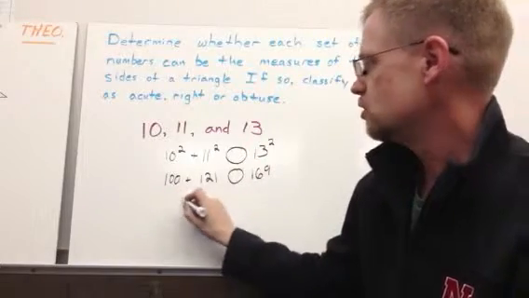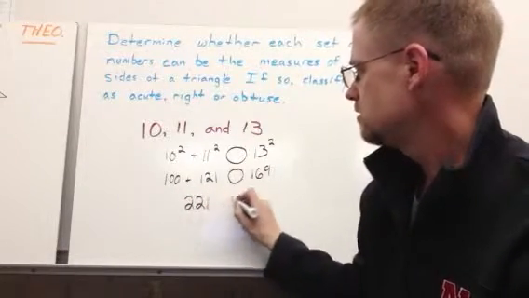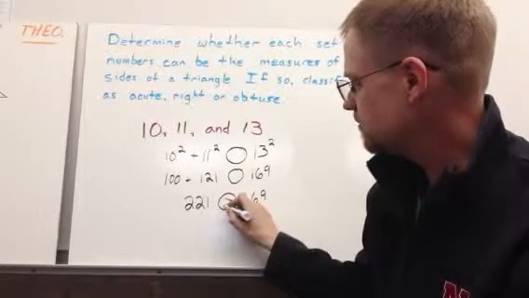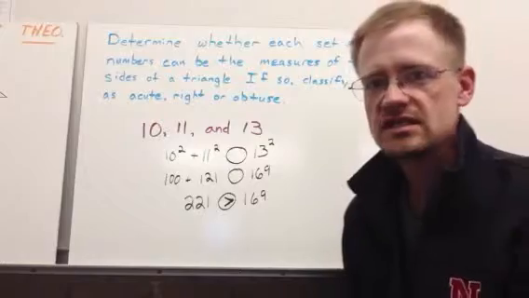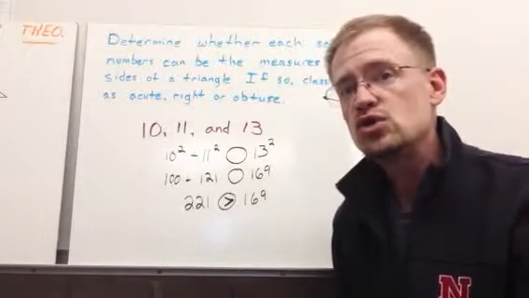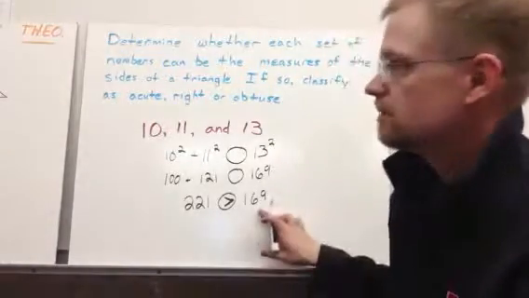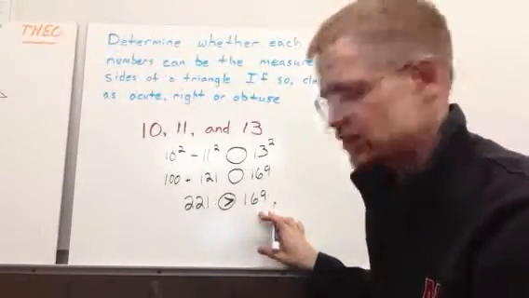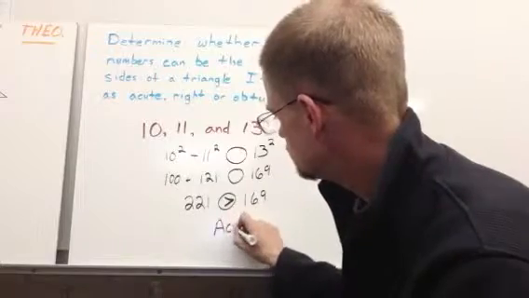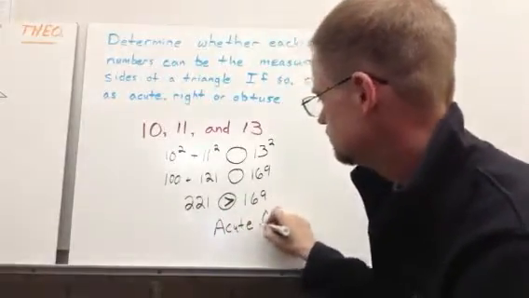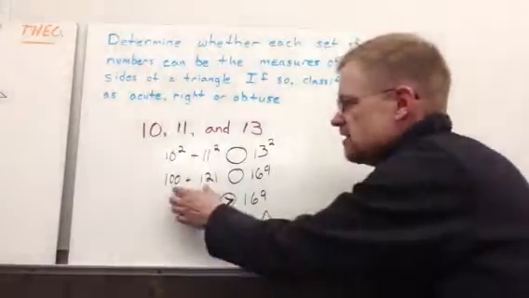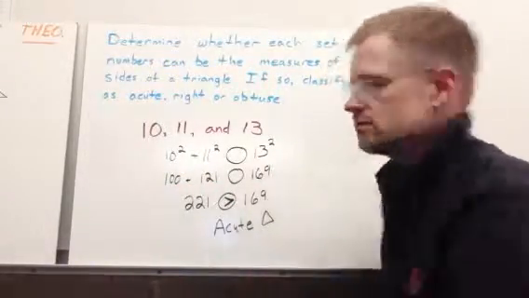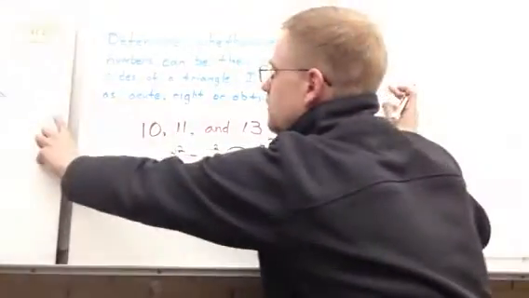So 100 plus 121 is 221. Compared to 169, we see that the sum of those is greater than 169. Since those two are greater than the square of this, we know that it is acute. So this is an acute triangle. Okay, again, if the sum of these two is greater than the square of the third, it's acute. Let's look at a couple more.